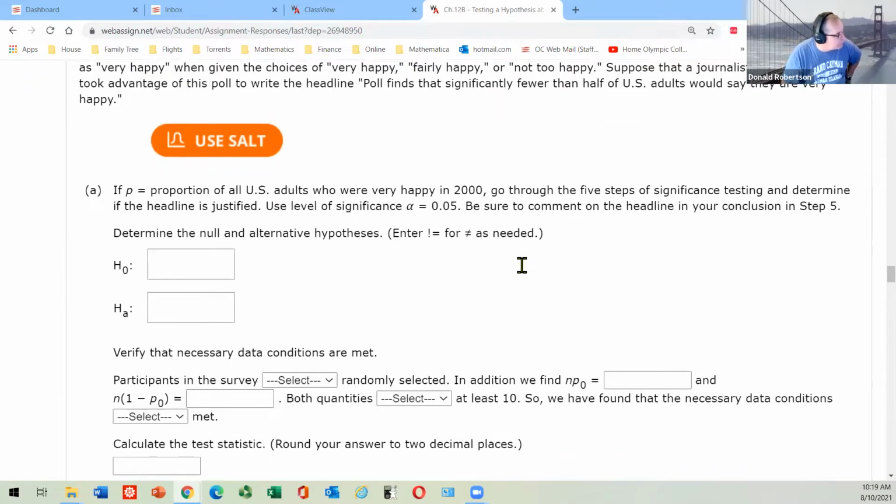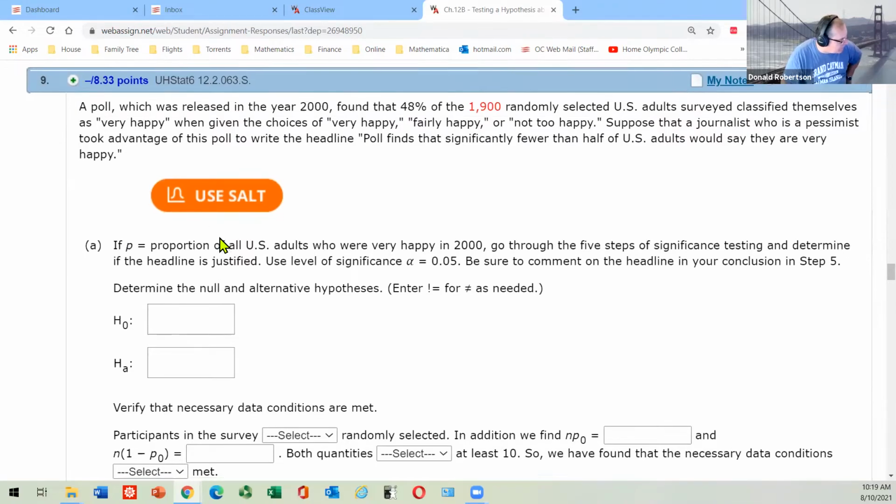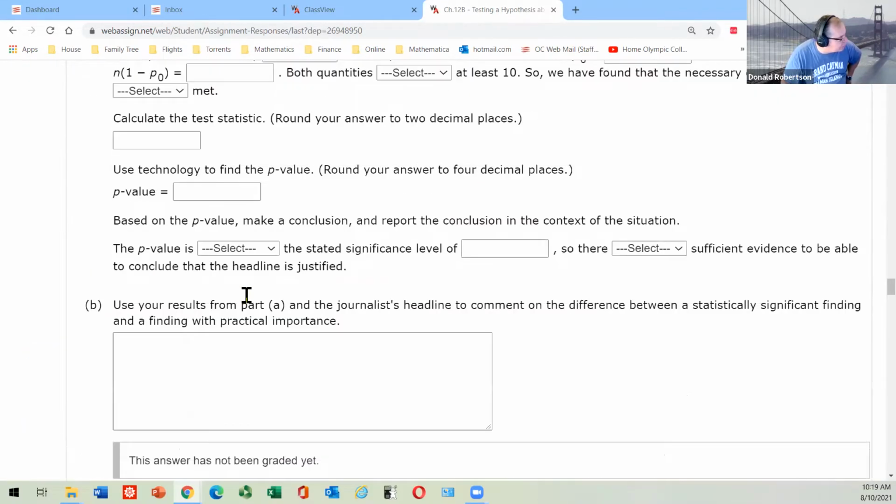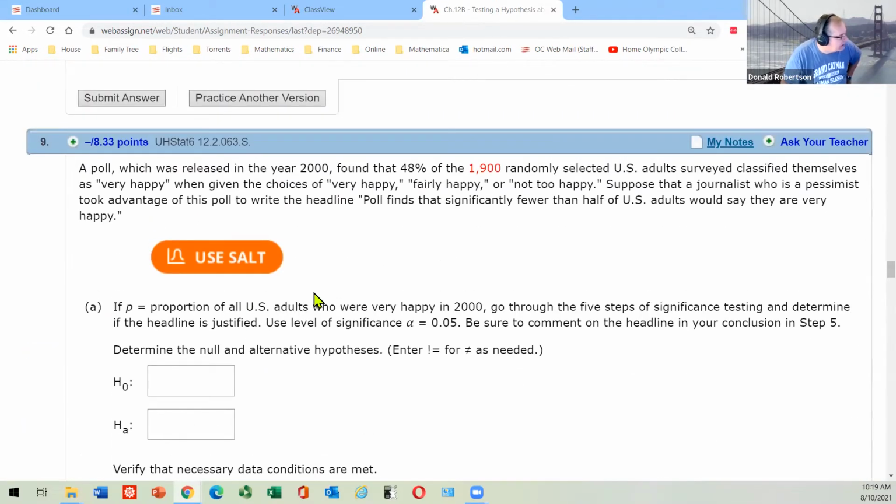So we are going to set up all the various stages from top to bottom. And the first part of the story is, if P is the proportion of all US adults who were very happy in the year 2000, go through what they call the 5 steps, and we'll do that, to determine whether this headline is true, justified.